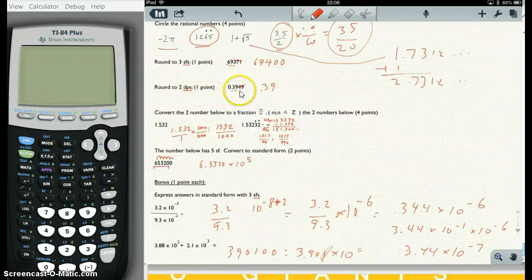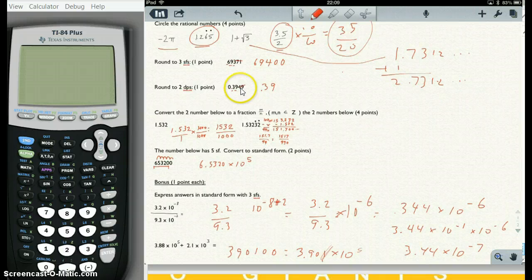We have 0.3949. Okay, this tricked a lot of people. A lot of people, when they discard the 4 and the 9 because it says to keep two decimal places, would be the 3 and the 9, right? What do you do with the 9? Does the 9 stay a 9 or does it go up to 0? Well, a lot of people went and looked at the 9 and then rounded the 4 up to 5, and then that rounded the 9 up to 0, and this rounded up to 4.